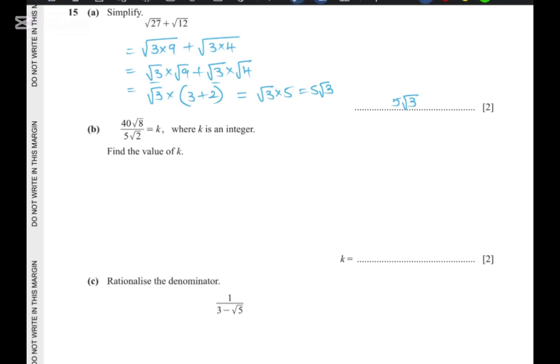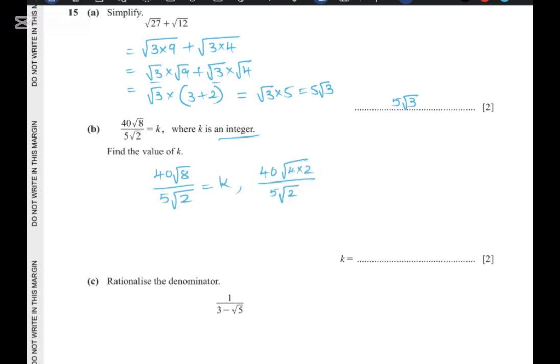Question A is done. Question B, 40 root 8 by 5 root 2 is equal to k, where k is an integer. Find the value of k. The same thing, simplify again. That means we should not get a surd here. We have to get a whole number, an integer. Integers include all whole numbers, right? So now split again here. 40 root 8 as root 4 into 2, and then 5 root 2 as it is.